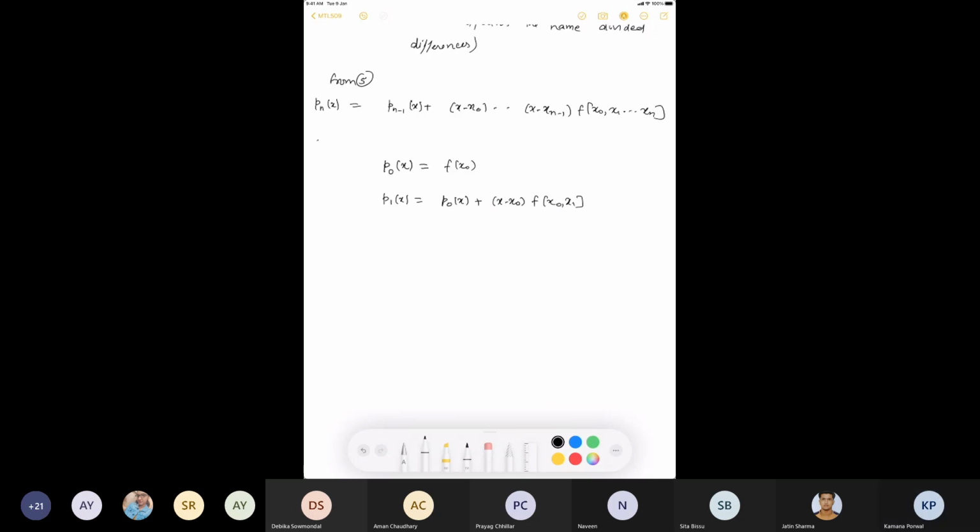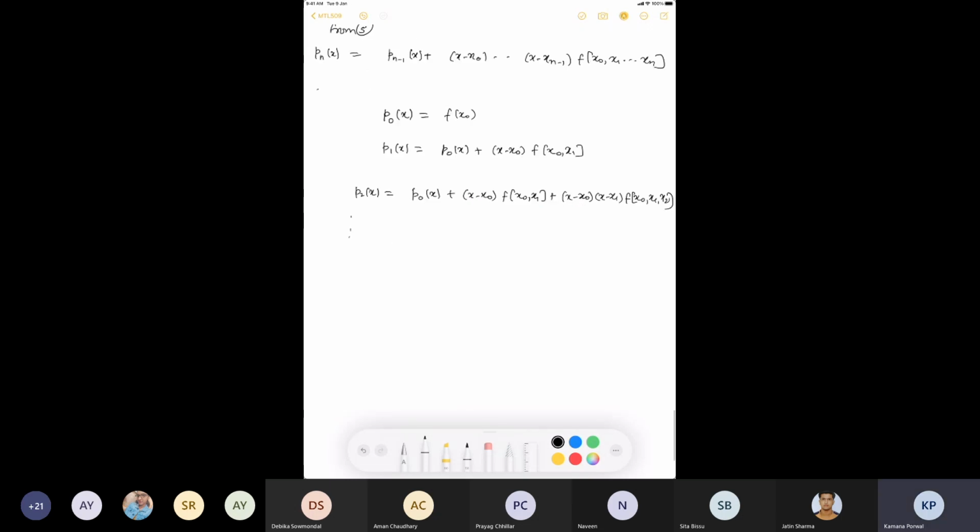And what is P2(x)? You can write it as P1(x), which is P0(x) plus (x minus x0) f[x0, x1], and then the next term will be (x minus x0)(x minus x1) times the divided difference of f at x0, x1, x2, right?